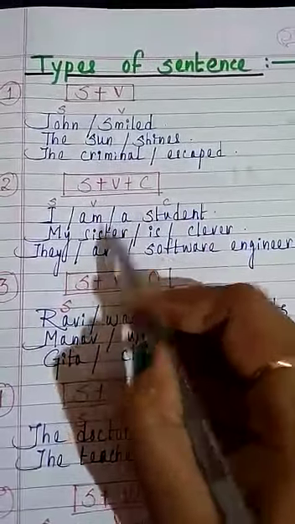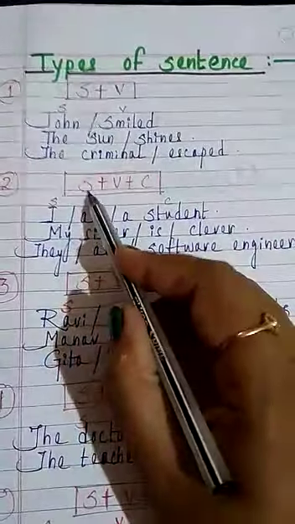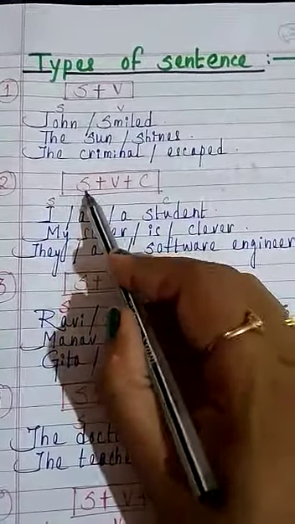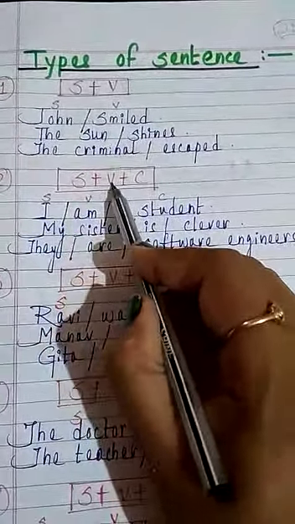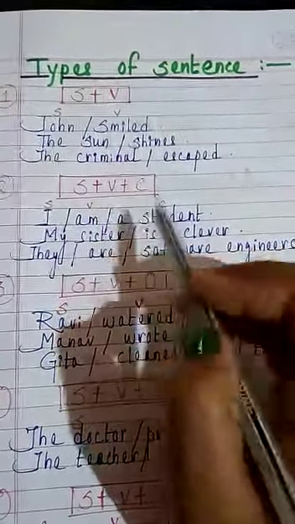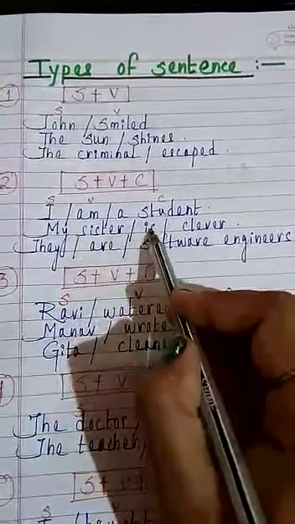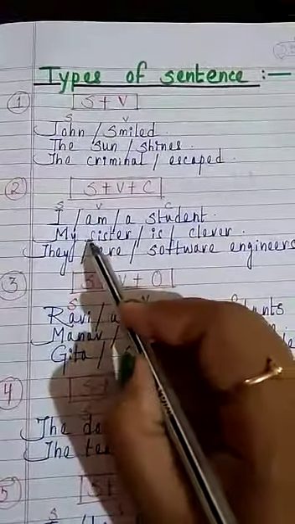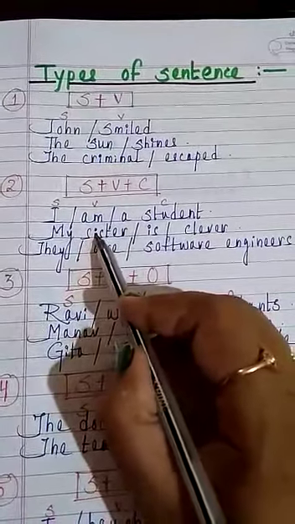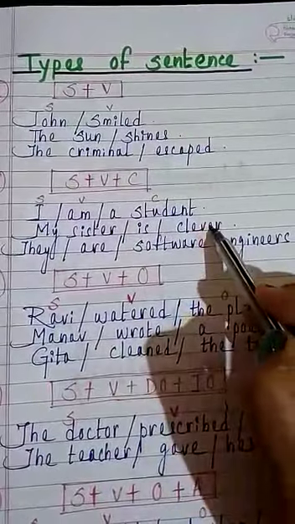So in this way we can form a sentence, like we have to add subject plus verb plus complement. Something you have to add to complete your sentence. So look at the rest of the examples. My sister is clever. So dear student, my sister here is the subject, is the verb, and clever is the complement.